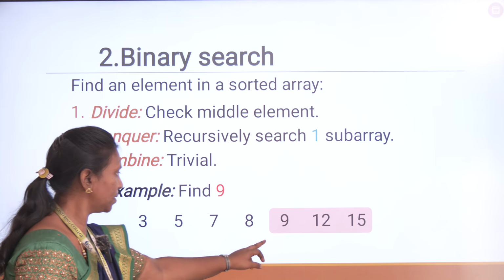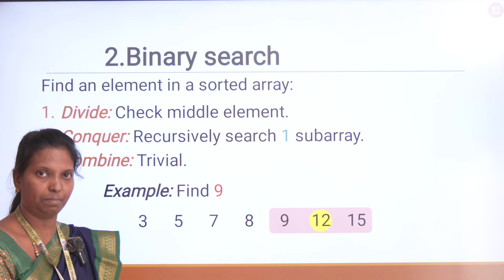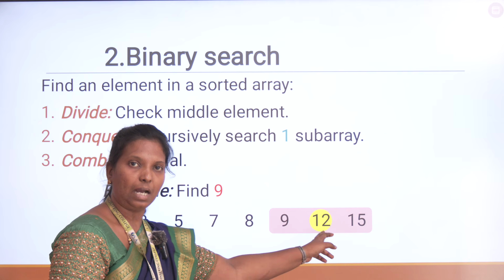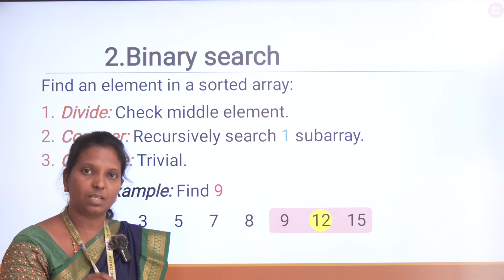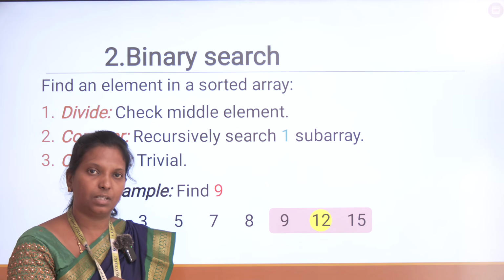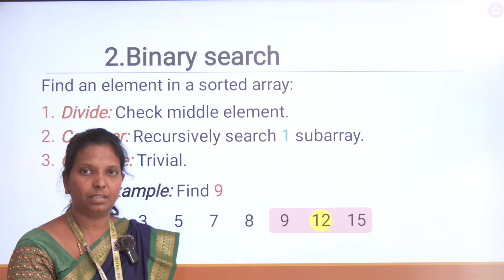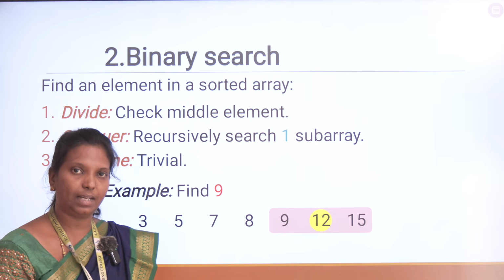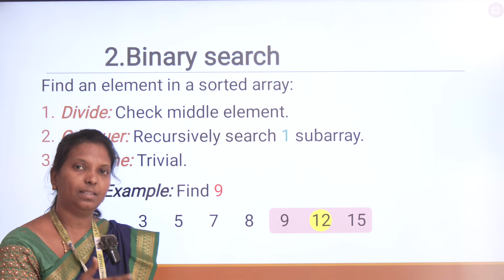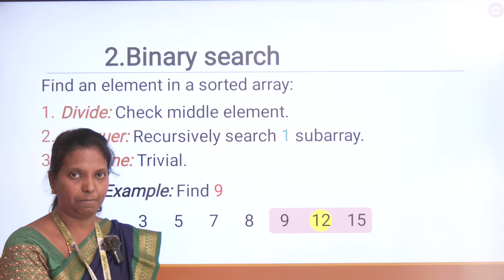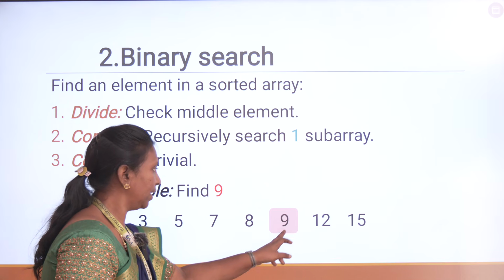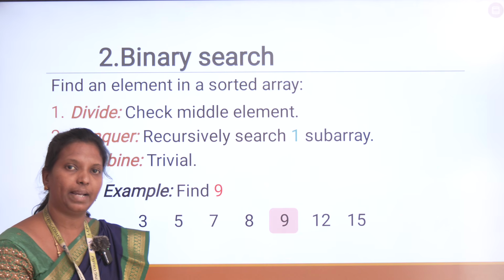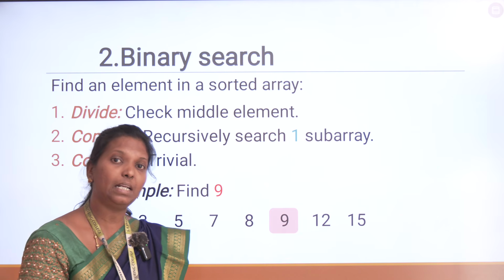Again it takes the middle element, which among the 3 is 12. Now 9 is compared with 12, and 9 is less than 12, so it is left with the left sub-array. Then it goes directly to 9, which is the easiest way to find the searching element from n number of elements.